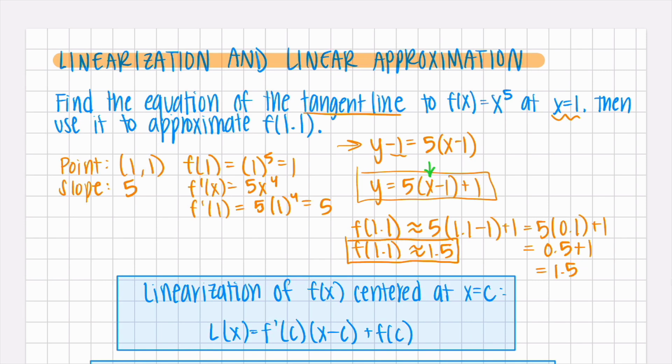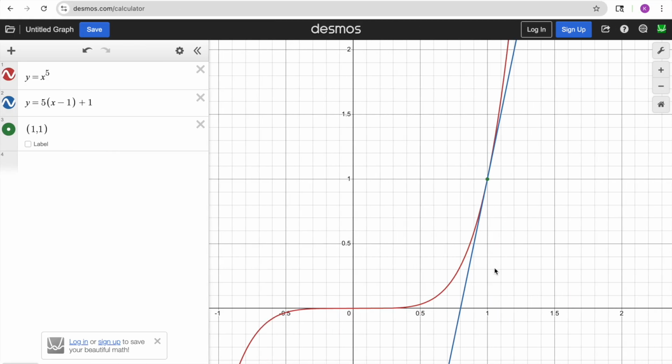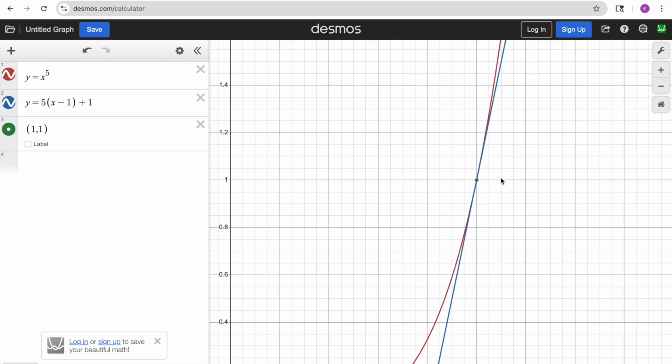Okay, so let's look at what we did on a graph. Over here, this red is the graph of x to the fifth, and then the blue line is our tangent line at x equals 1. So what we do for linear approximation is we say, if I look close to this x value, my line is very similar to my curve.